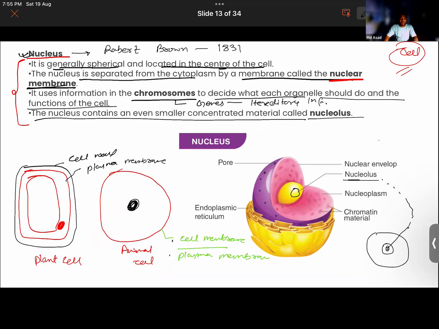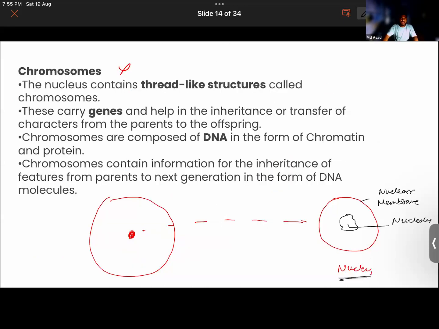So this nucleus also consists of chromosomes, and it is the chromosome that decides how each organ should be performing their functions. And there's one more thing being done by the nucleus. It also carries the hereditary information.